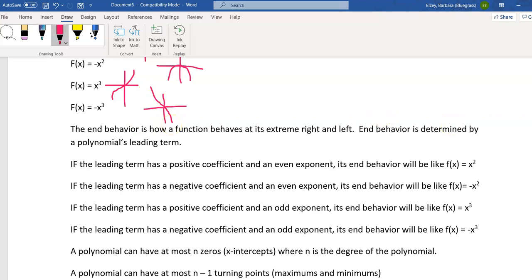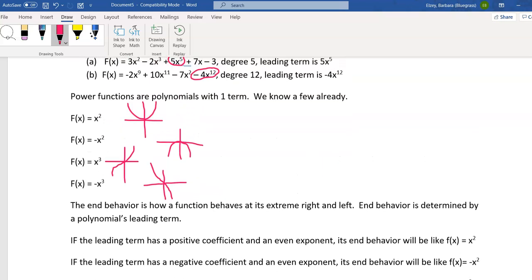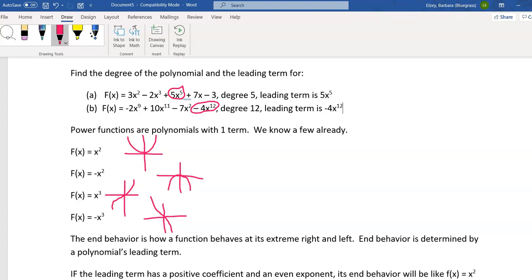Now, we will determine end behavior here in a second. But I want to talk about, in your exercises in the homework, it uses some notation that's a little bit difficult to understand. So let's just sort of debunk or decrypt that notation a little bit.